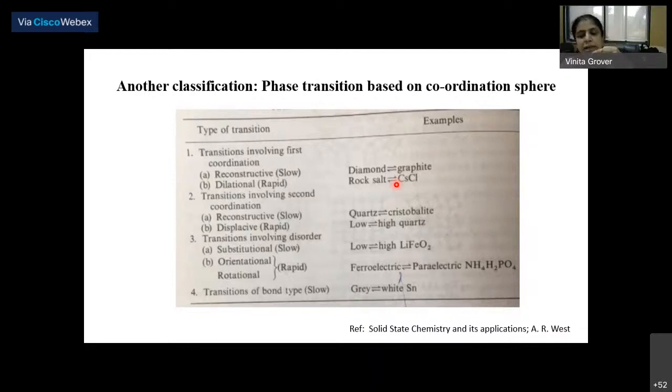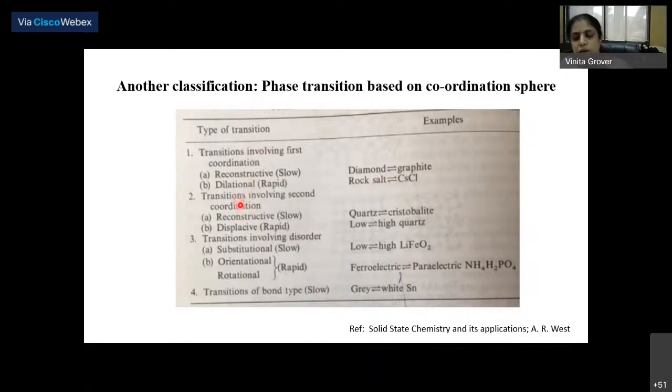In diamond, the center carbon is attached to 4. In graphite, it is to 3, forming a layered structure. So diamond to graphite is a first coordination sphere, reconstructive phase transition. However, we just read about rock salt to cesium chloride. That is also in the first coordination sphere, but that is dilational.